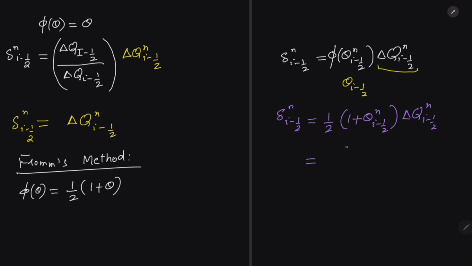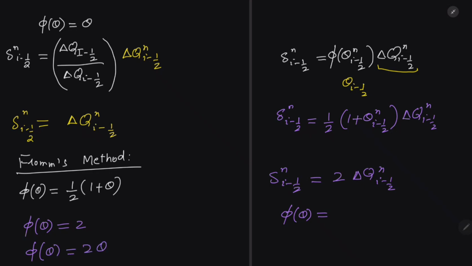After some manipulation, you will get Fromm's method. You can verify it yourself. If we have phi of theta equal to 2, for example, then we have delta n I minus 1/2 equal to 2 delta q n I minus 1/2, and phi of theta with the value of 2 theta gives you the jump in upwind interface.